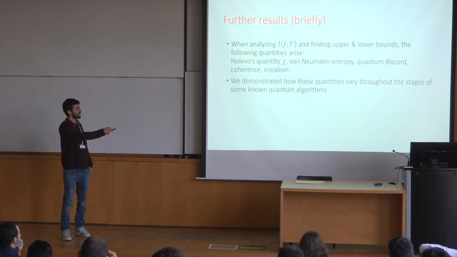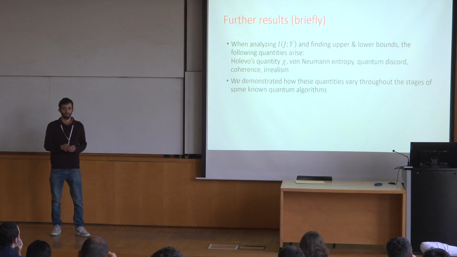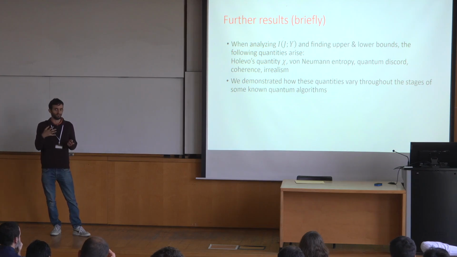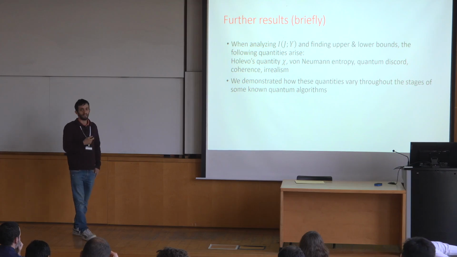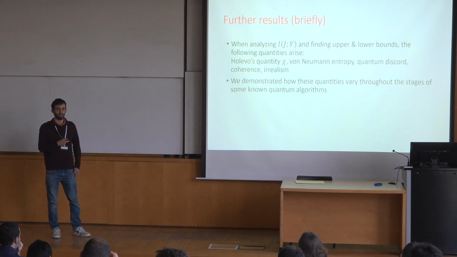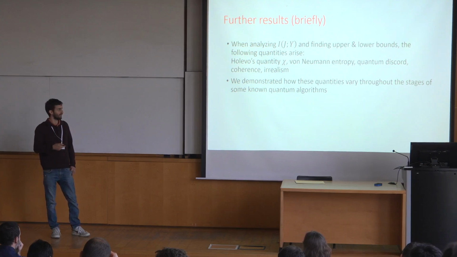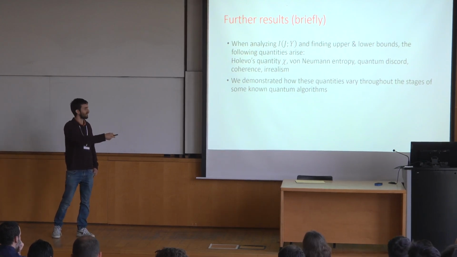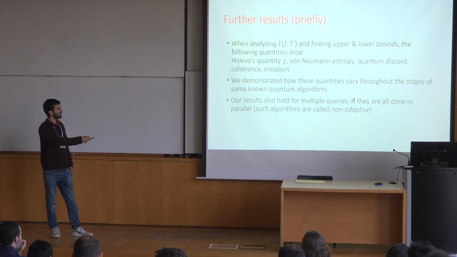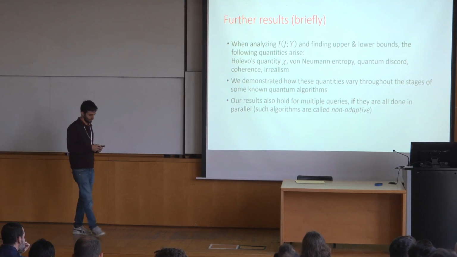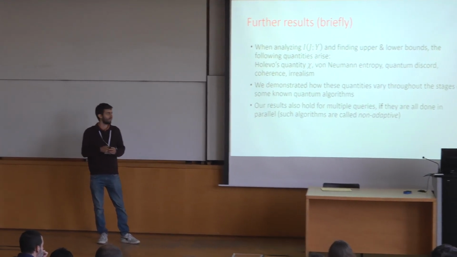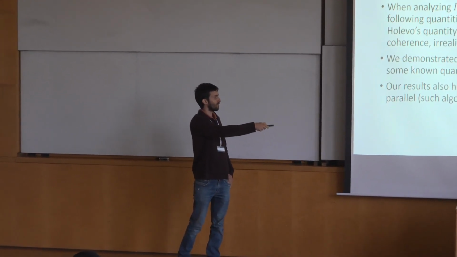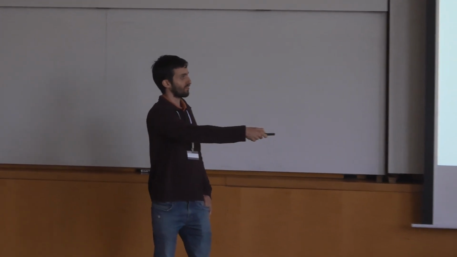This allowed us to verify that our results really hold, and also to gain some insight, some intuition about what good algorithms look like, which I'll show an example of soon. Also, all of these results hold not only for single query algorithms, but also for multiple query ones, provided that the queries are all done in parallel. We call such algorithms non-adaptive.